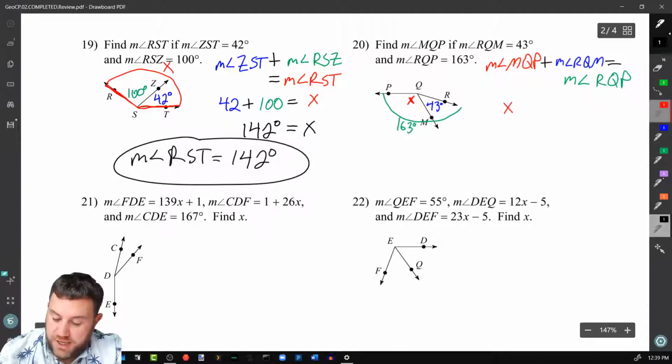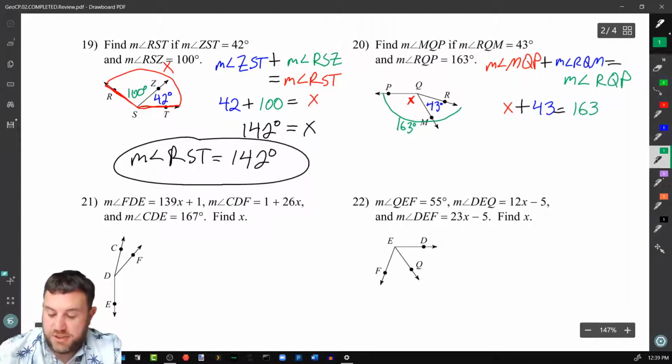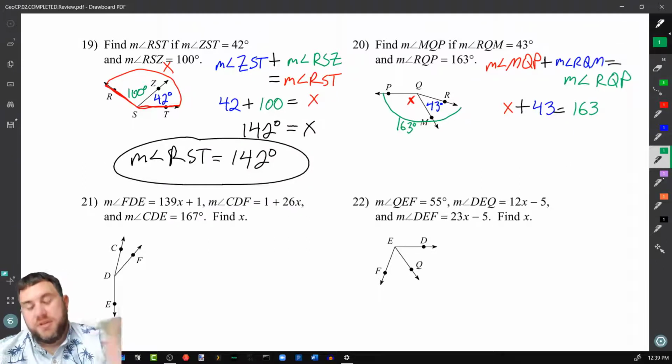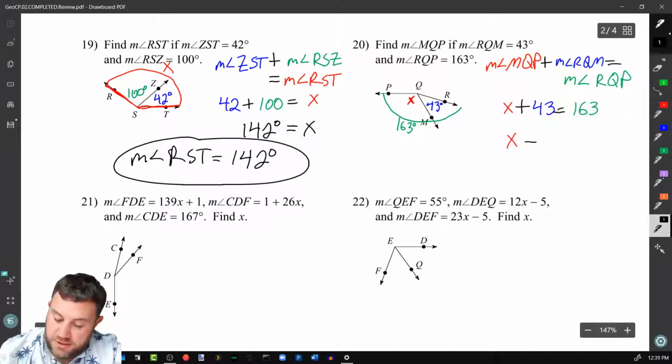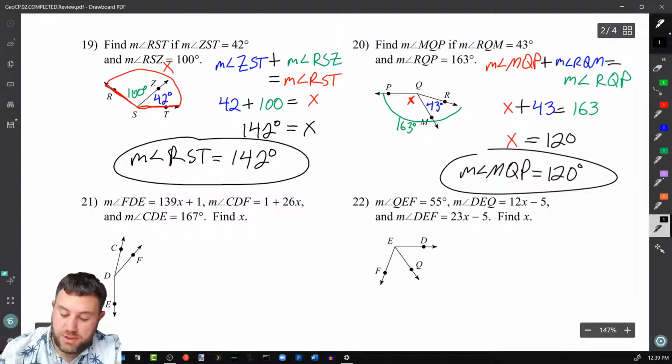So that would be X plus 43 equals, and the whole thing is 163. So again, from here, you're just subtracting. So we would know X equals 120. So the measure of angle MQP is 120 degrees.